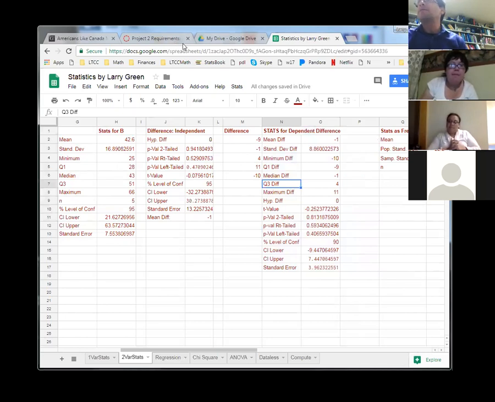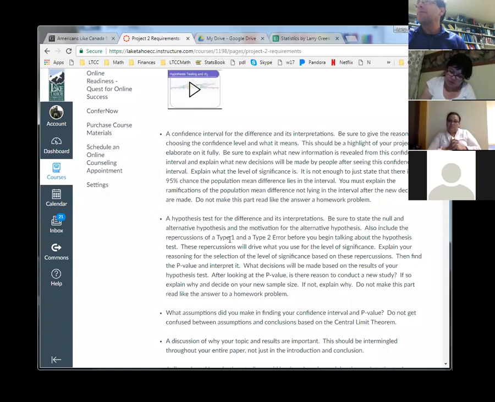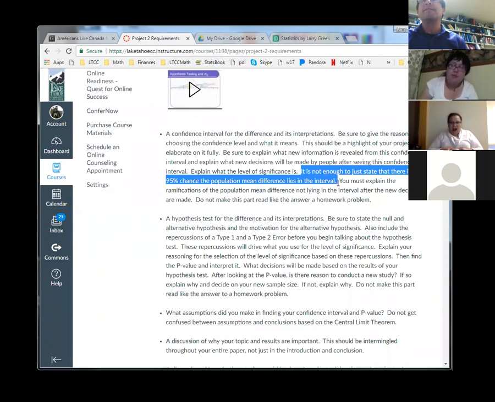Okay. Just a few notes. Let me go back to the requirements. So for the confidence interval, don't treat it like just an assignment. This is like full paragraphs on the confidence interval and the interpretation. Okay? Don't just say, with 95% confidence, we can say that the population mean difference is between these two numbers.